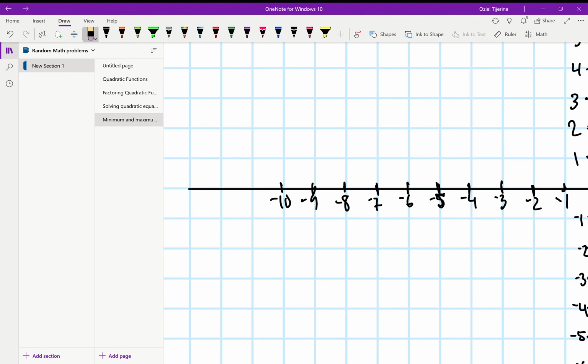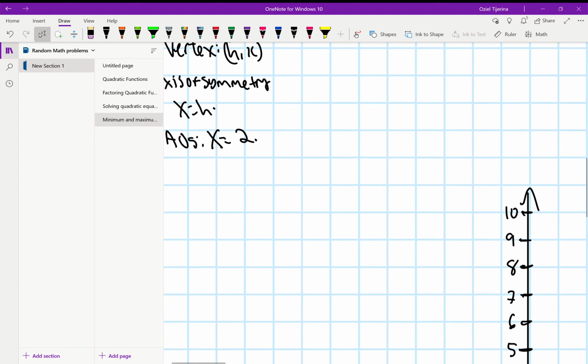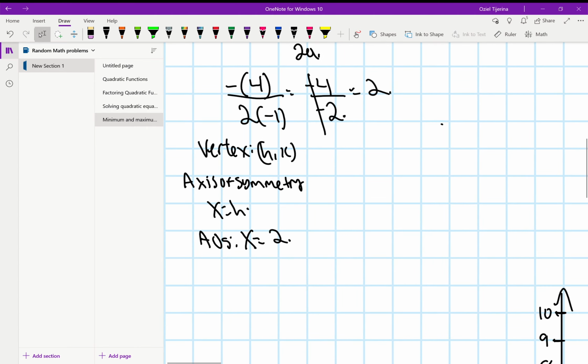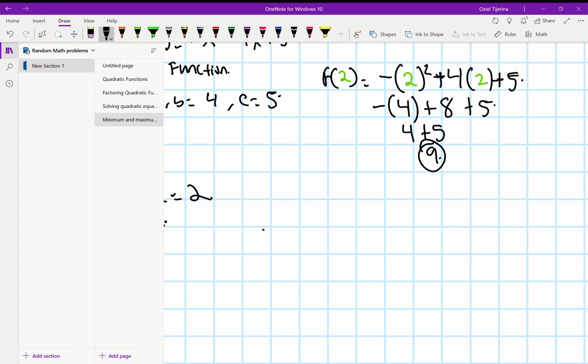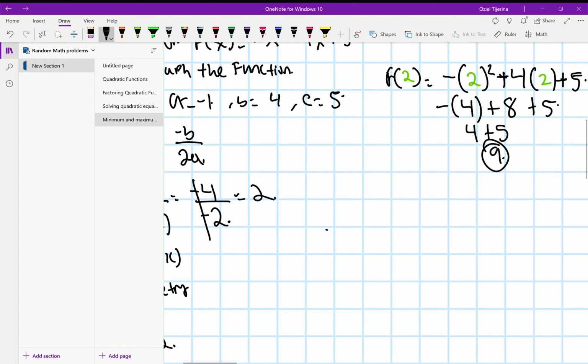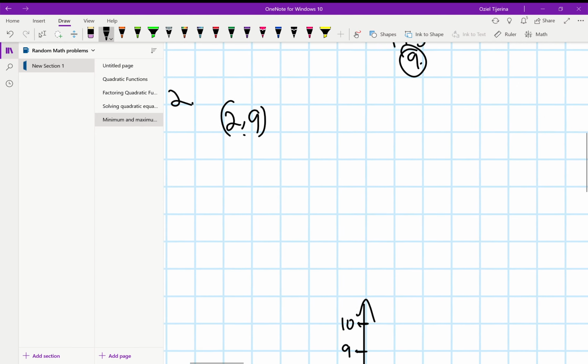Okay, so once you have your graph, since I had to draw my graph, sorry about that, guys. So basically, once you find your vertex, this is your y term, so your vertex is going to be 2, 9, okay?